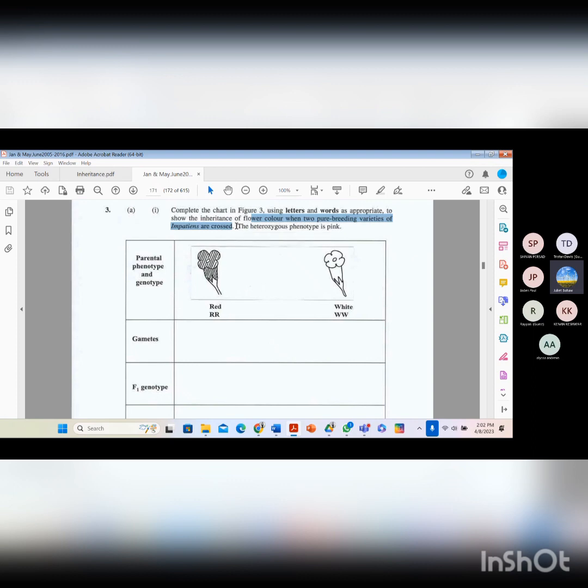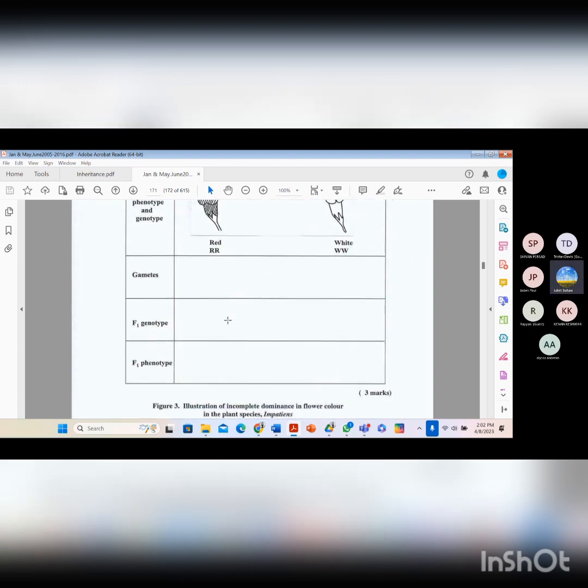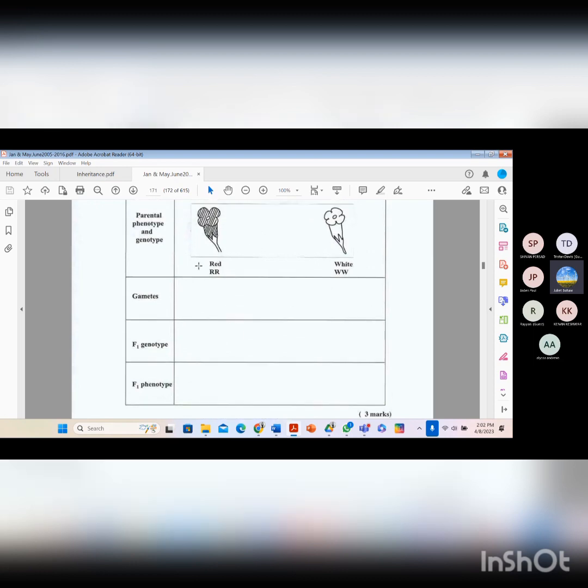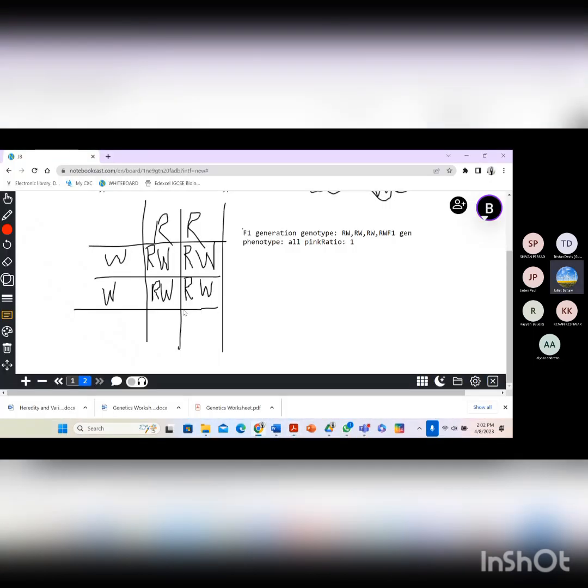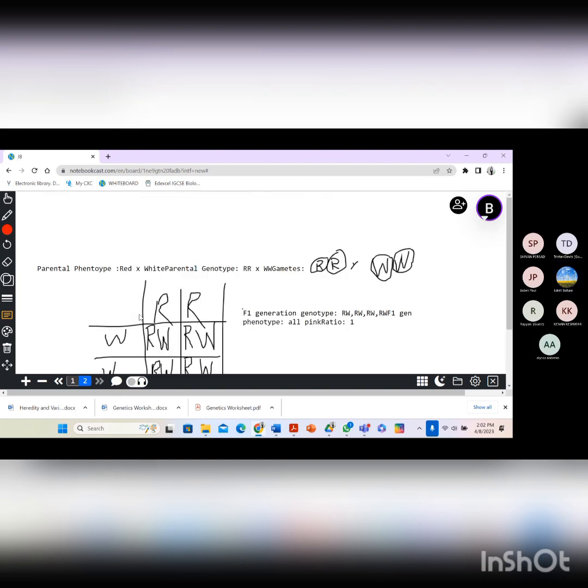And they actually went on and said that the heterozygous is the pink. So they already had an idea what the offspring would have been. All of them would have been pink. Okay. So that is why we illustrate the parents as red mating with white.